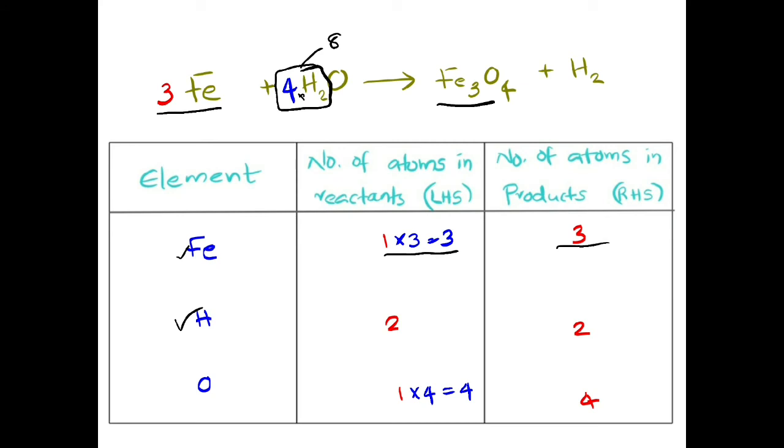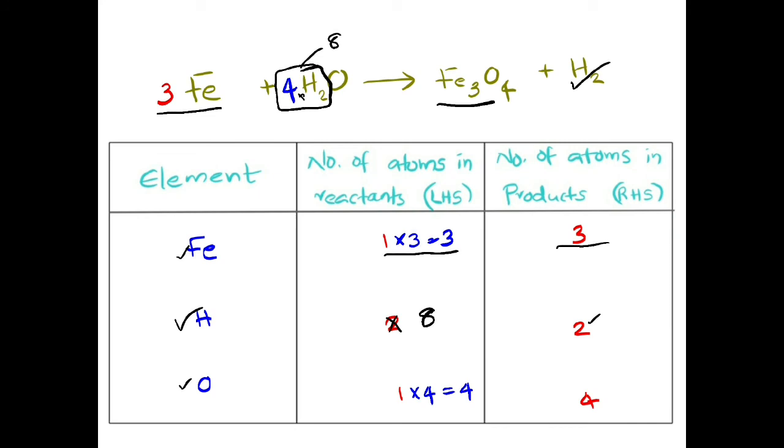So the number of atoms in the reactant side has changed. It's not 2 now, it's 8. And when you count the number of hydrogen in the product side, you can see that it's 2 itself.